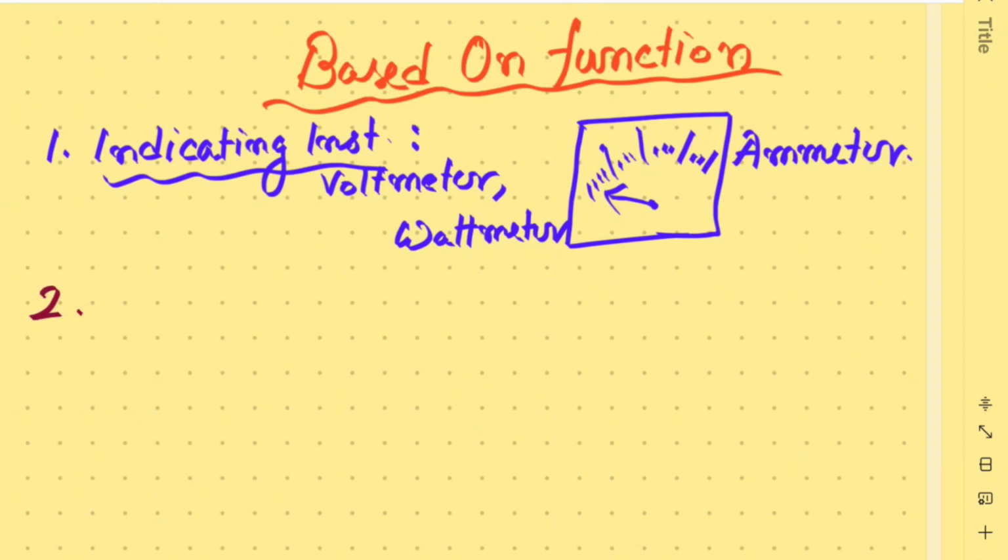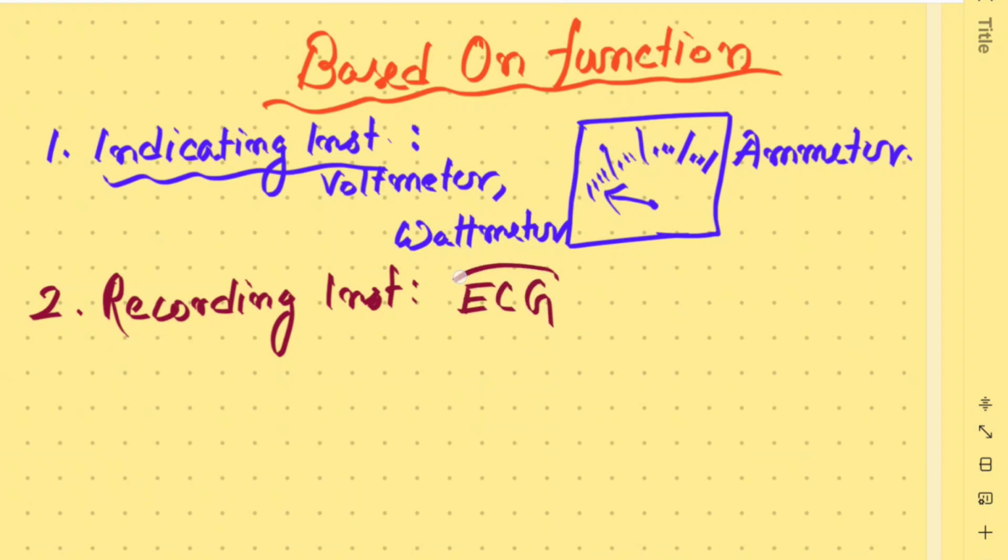The second one is recording instrument. This is an instrument which records the values continuously on paper or digital memory. An example is the ECG.